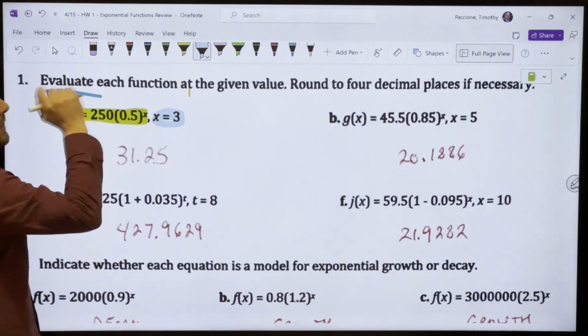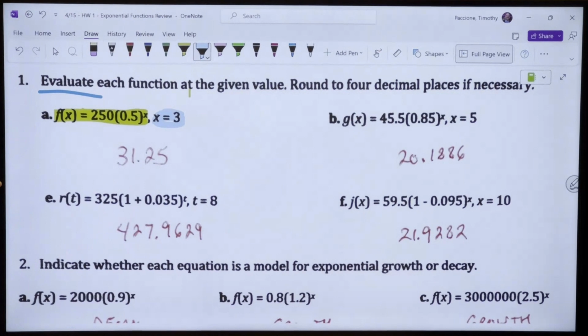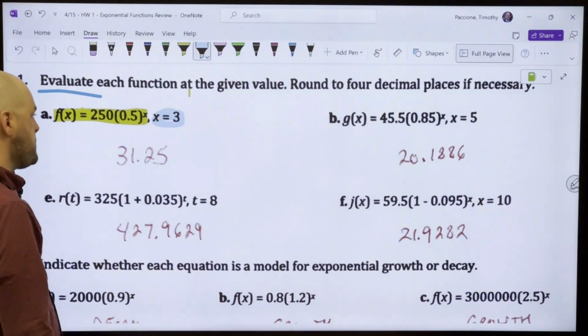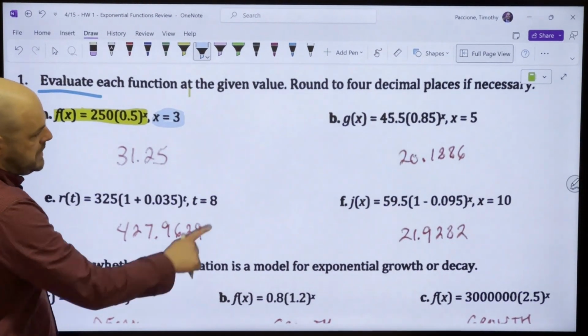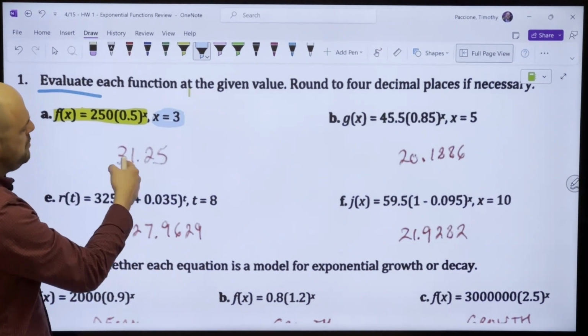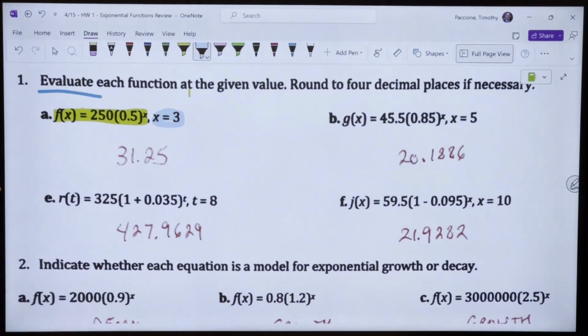So you put the 3 in the exponent spot here, put that in your calculator, get your answer. Any questions on any of these? What is 4 decimal? I thought it's like round up. It says 4 decimal places, 1, 2, 3, 4. So I guess this was 0.00, so I didn't write it. I don't know. But yeah, 4 decimal places, if necessary.